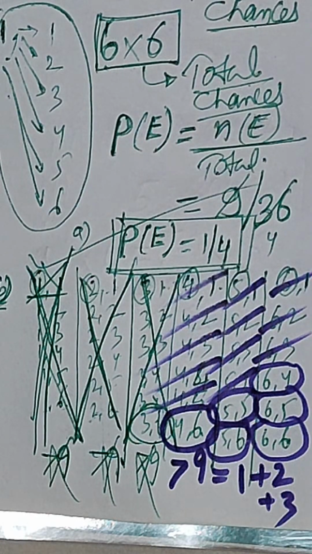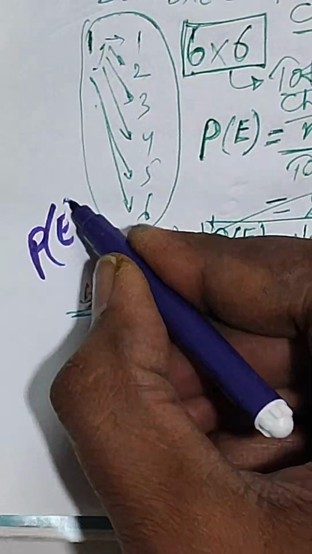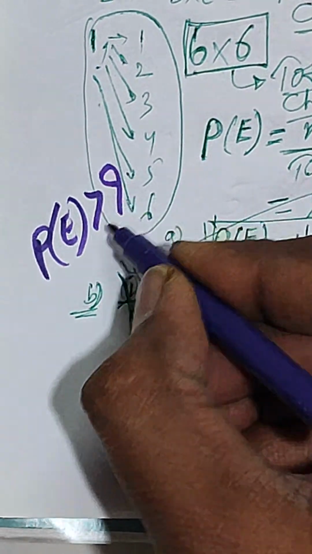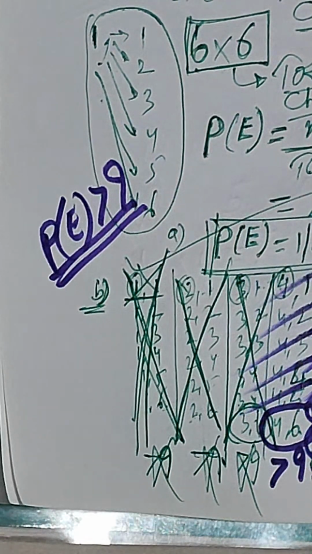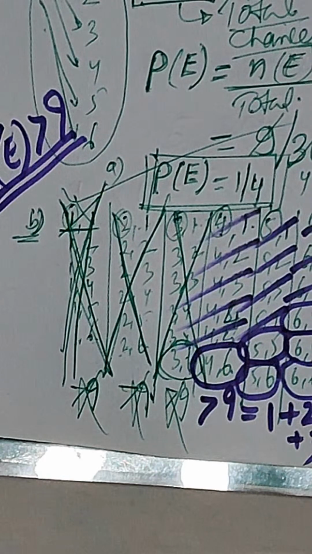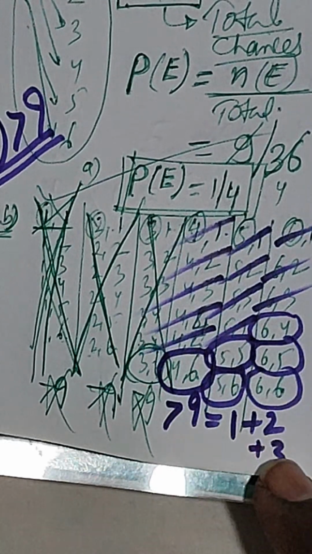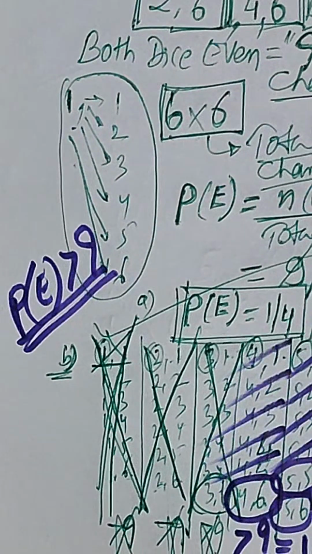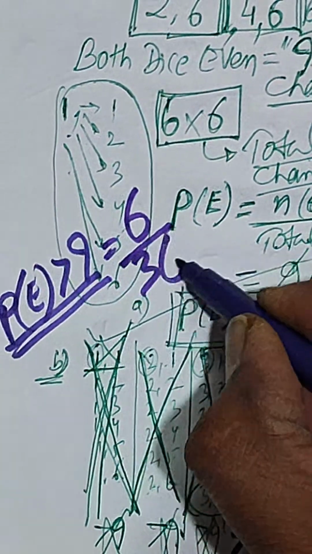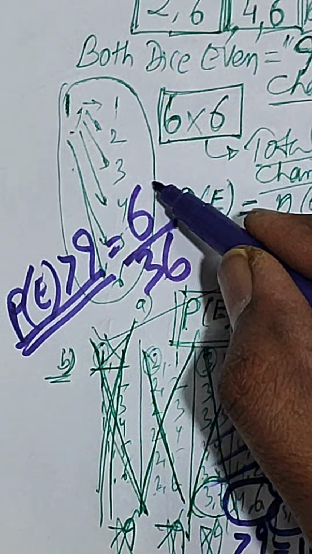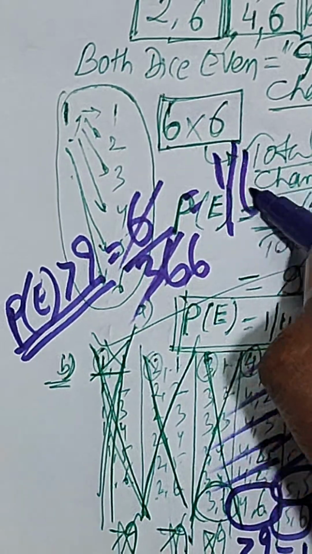So there are 6 options in total, and the probability of getting a number greater than 9 on both dice will be 6 by 36, right? When you divide it, 6 cancels 36 in 6 times. So this will give you 1 by 6.